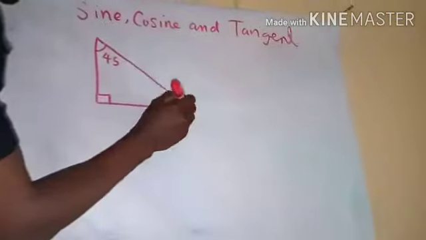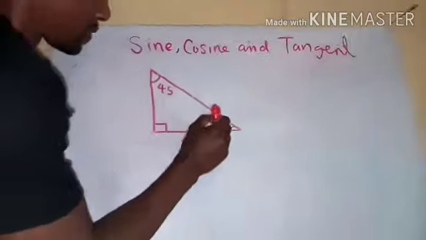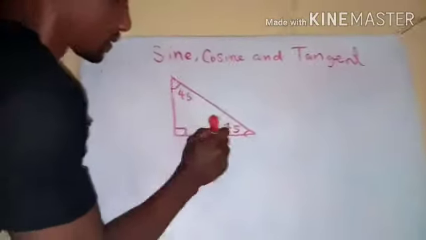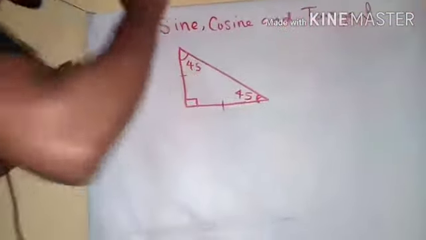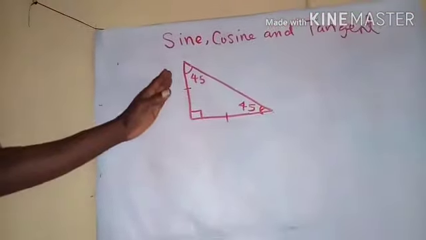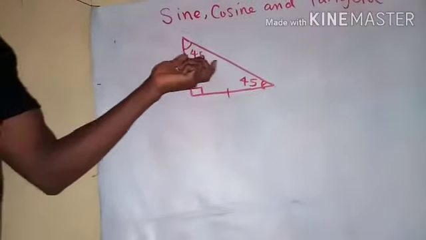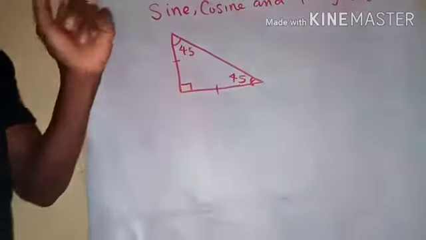Since it's an isosceles triangle, automatically these angles are 45. The two sides are equal, the two angles are equal at the same time, and this is 90. As we all know, the sum of angles in a triangle is 180. So 45 plus 45 gives us 90, plus 90 gives us 180.